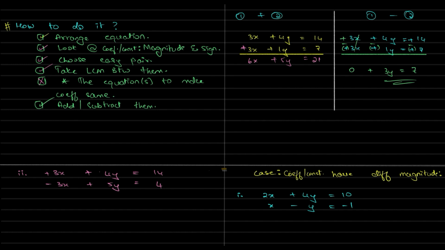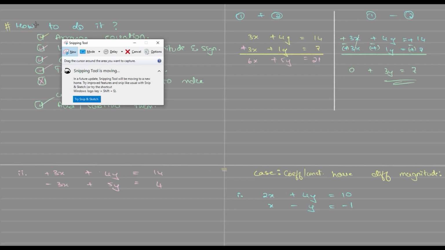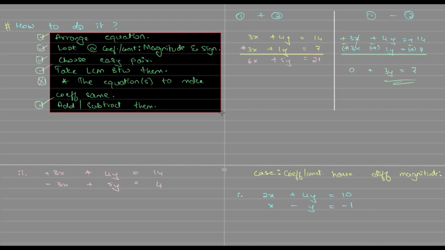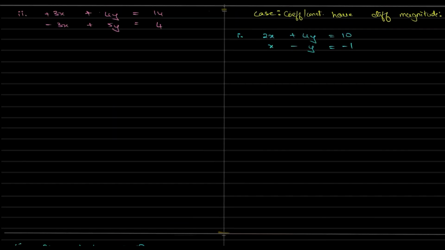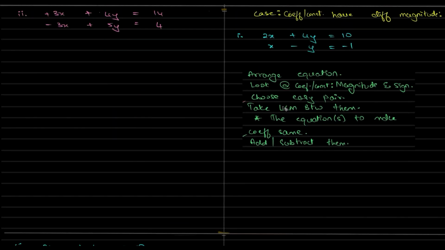So let's copy that. Right, I have the checklist. Now arrange the equation. Standard or not standard, that's not told. So yes, we have already arranged the equation. So this is done.